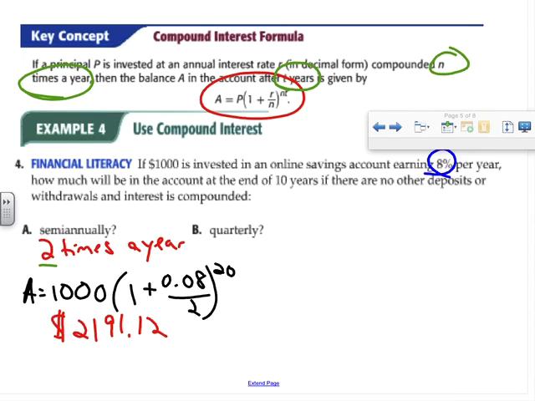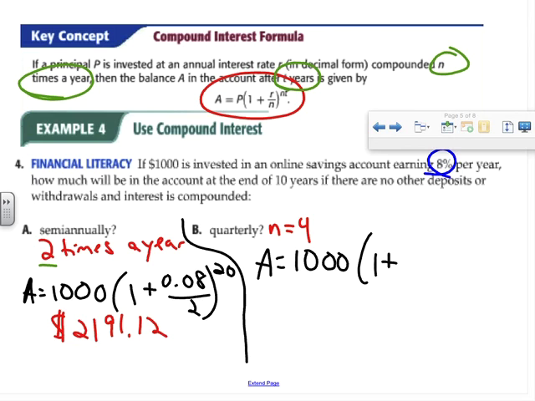In part B, if my interest is compounded quarterly, that means it's compounded 4 times a year, so my N is 4, and we're plugging into the same formula. My amount will be 1,000 times 1 plus 0.08 over 4, raised to 4 times 10, which is 40.